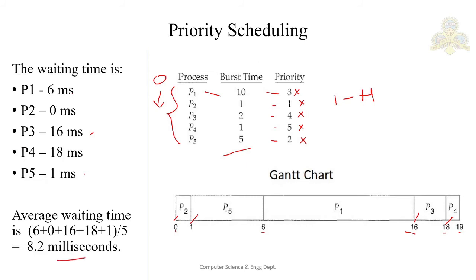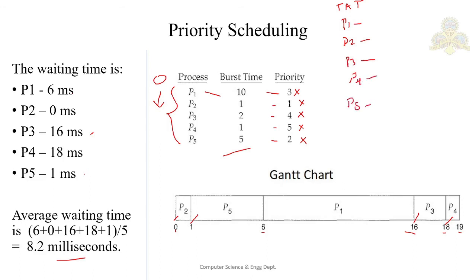Okay. Now we will calculate the turnaround time for this one. Let me just clear this out. Okay. So I'll write here turnaround time for all the processes P1, P2, P3, P4 and P5.